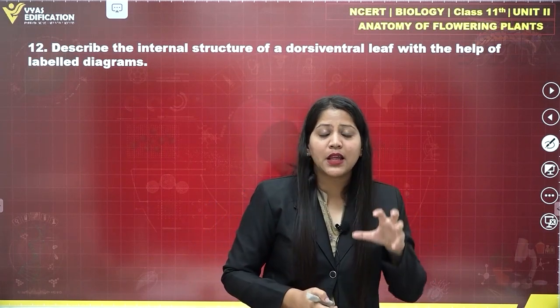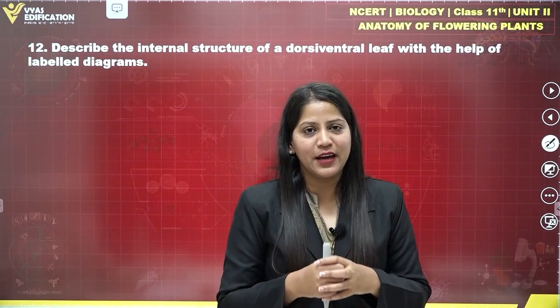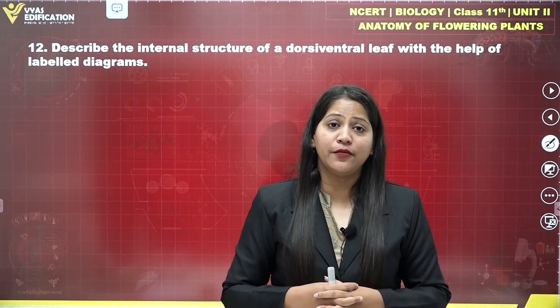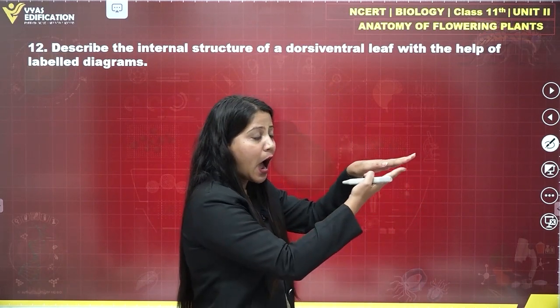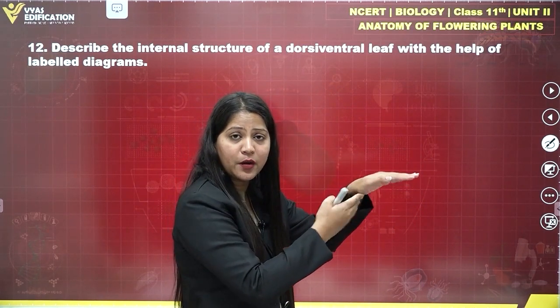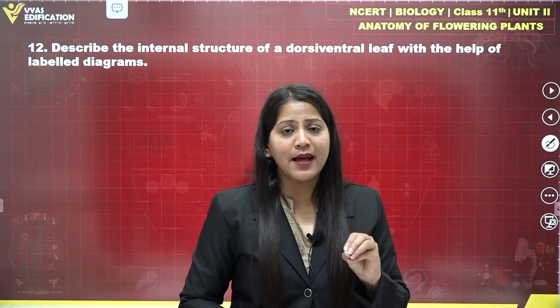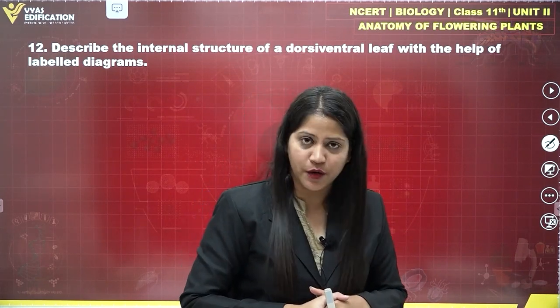Now in the dorsiventral leaf they have a thick waxy layer which is known as cuticle. Also they have stomata, but stomata are higher in number on the abaxial epidermis, whereas they can be very few or may be absent on the adaxial epidermis.